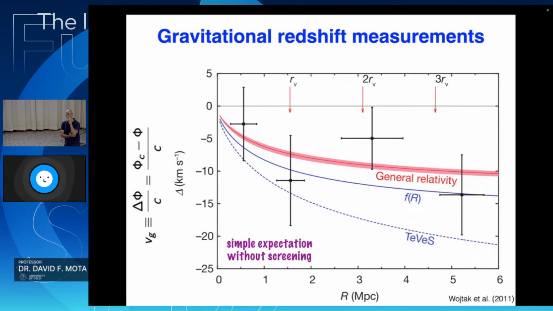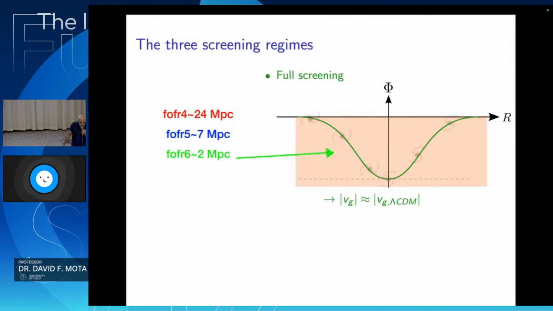So let's try to apply these gravitational redshift measurements to the theories of modified gravity that I told you about, in particular the F of R and the symmetron models. We have to remember that we have three regimes in terms of the screening mechanism, and this can be easily explained from three different types of F of R gravity.